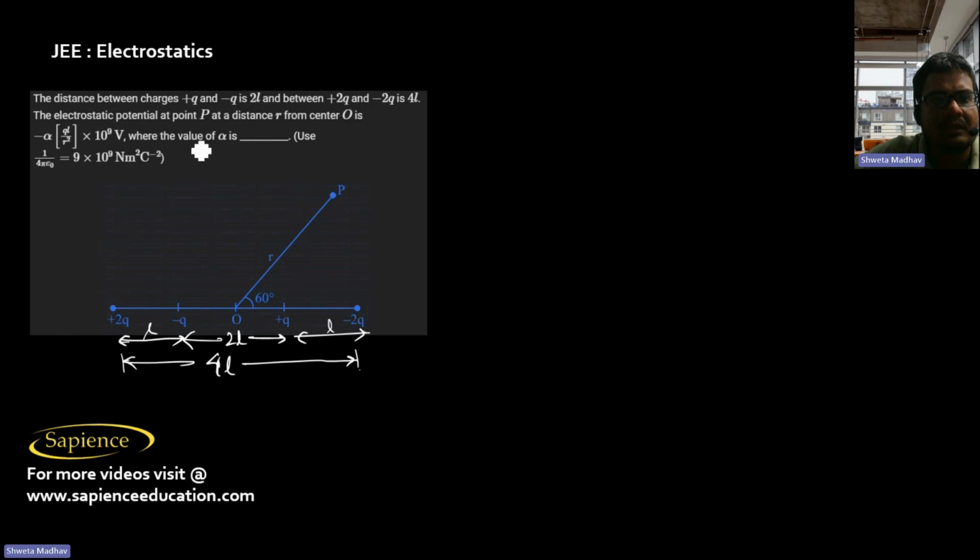The electrostatic potential at point P at a distance r from center O, the electrostatic potential V at this point r, is equal to minus alpha into QL by r square into 10 power 9 volt.